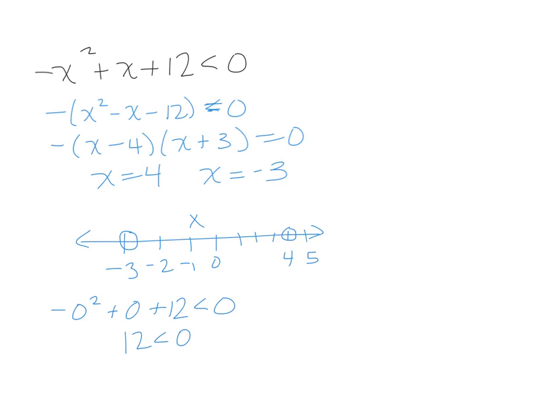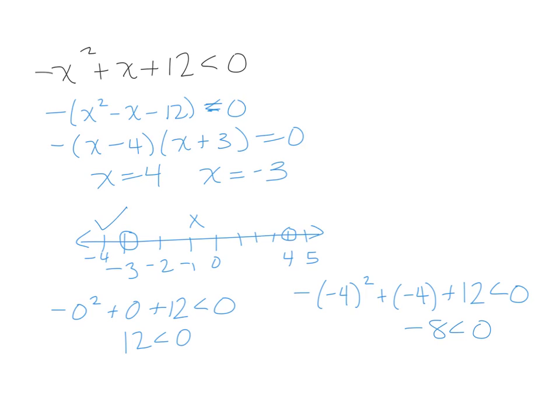So it's actually probably going to be both of those outer regions, but let's test. So let's test negative 4. So fill negative 4 in for x. That comes out to negative 8 is less than 0. Is that true? Yes. So this region is true.